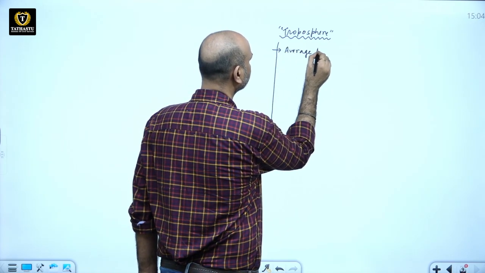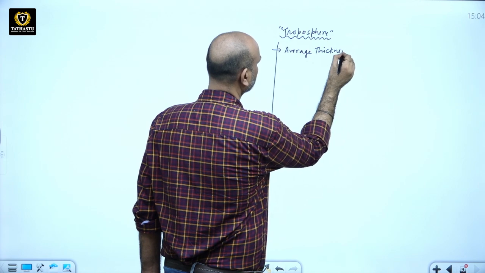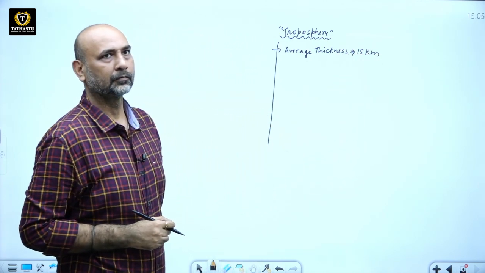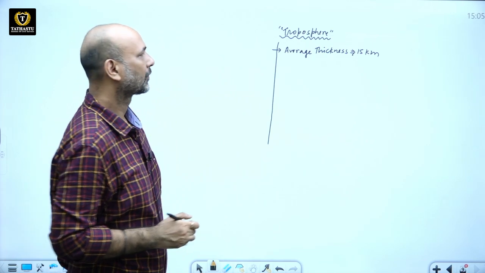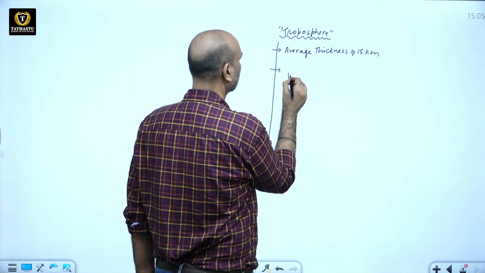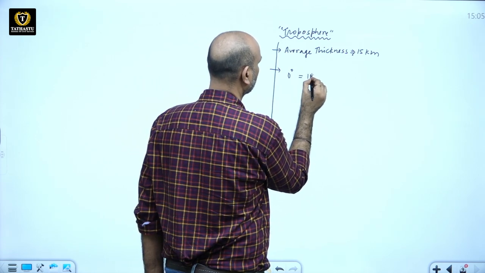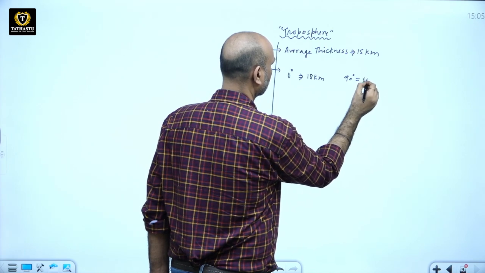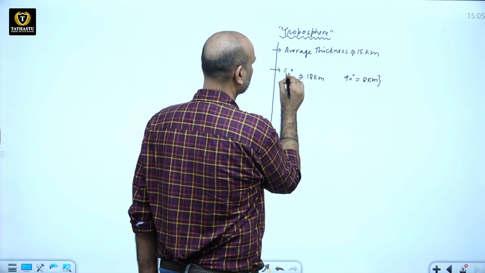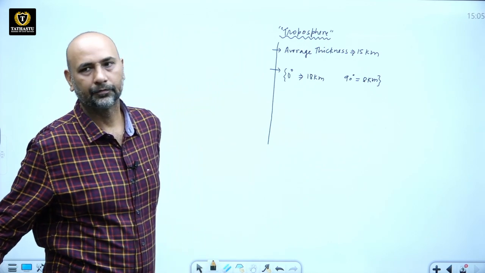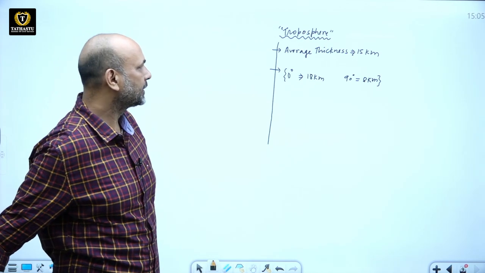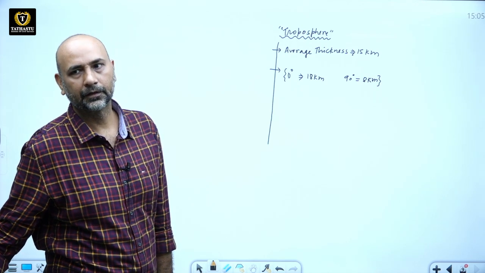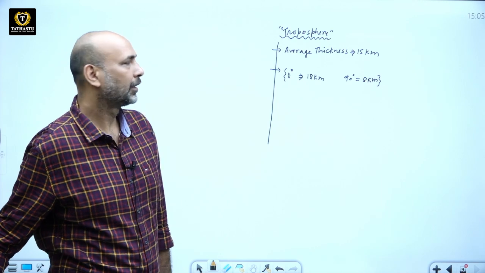Average thickness is 15 kilometers. Average thickness at the equator is 18 kilometers, at the poles is 8 kilometers.